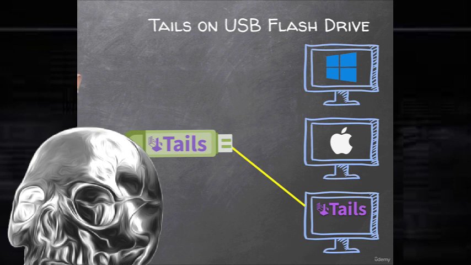And we can also configure this installation to be persistent. This means that we can actually use part of the USB storage as storage for Tails. So you can actually save files within your current installation within the USB stick, and when you turn off the computer, there'll still be no traces.